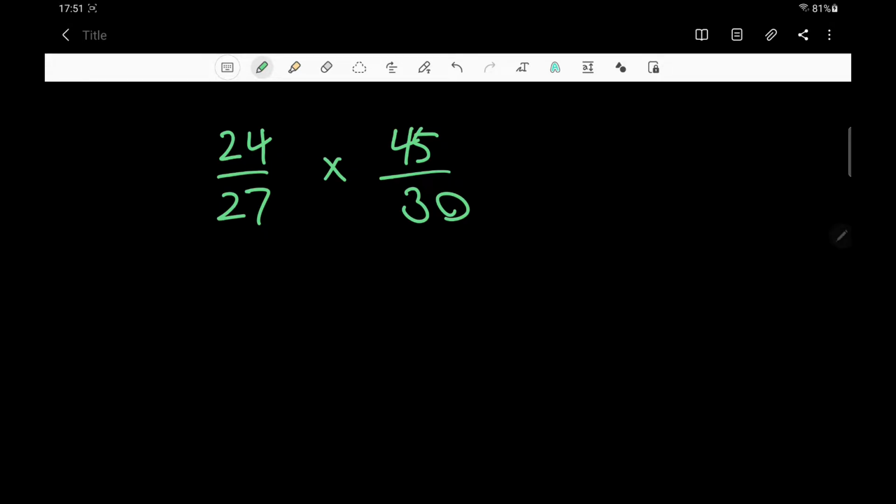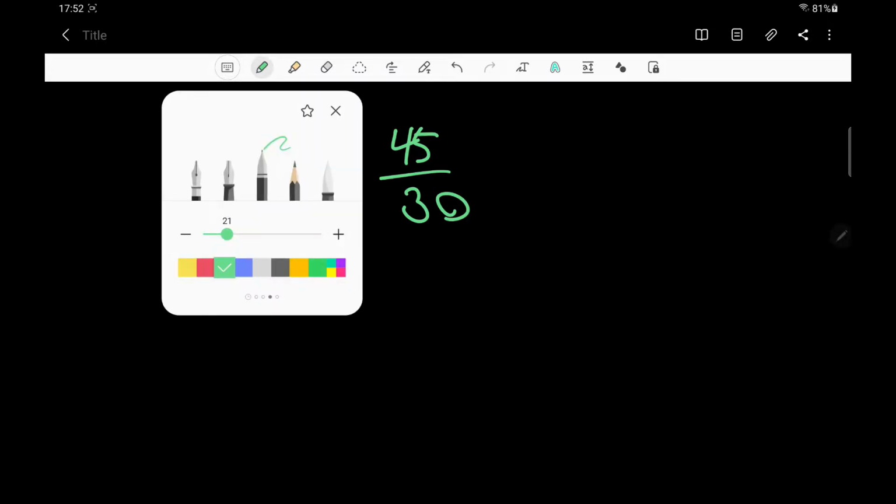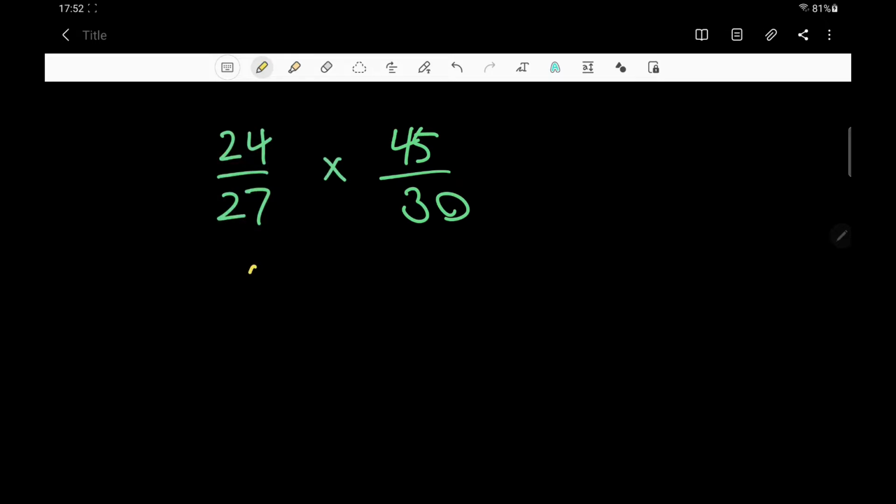So what you can do, since we are multiplying fractions, is break down the large numbers into smaller numbers. For instance, 24 is basically 6 times 4, and 27 is 9 times 3, and 45 is 9 times 5, and 30 is 6 times 5, because 6 times 5 is 30.